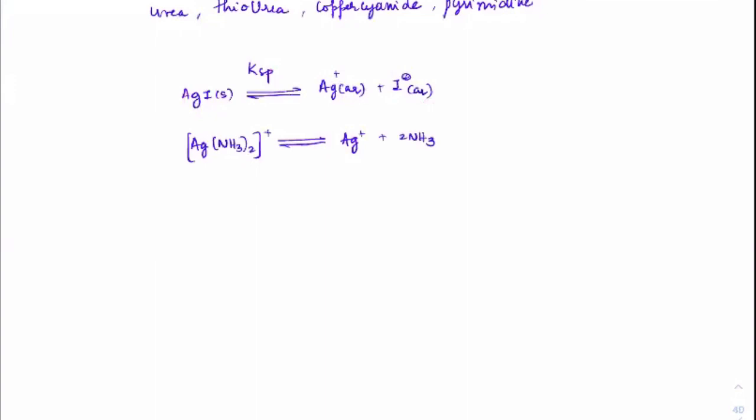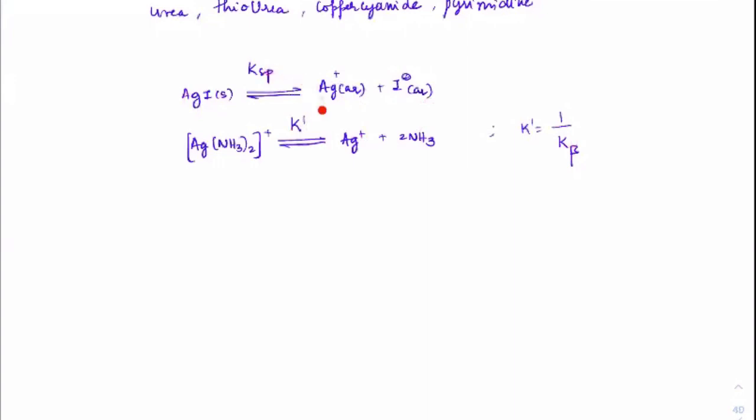This we will call K dash, or K dash can also be written as 1 by K complex. K complex is normally written as beta, which means formation of a complex.